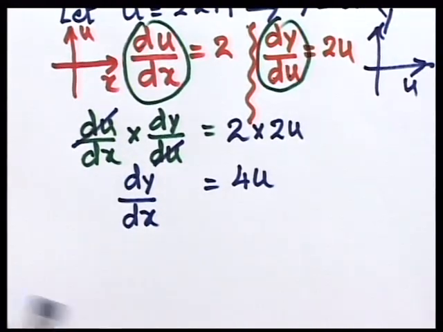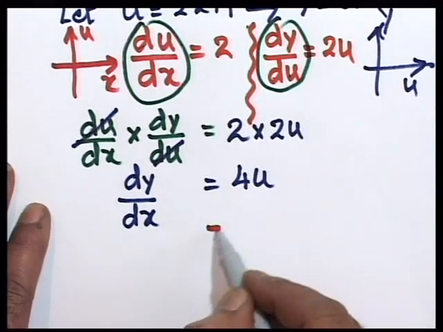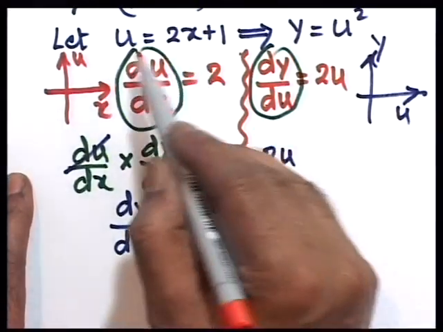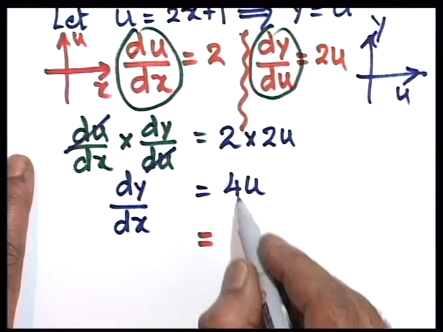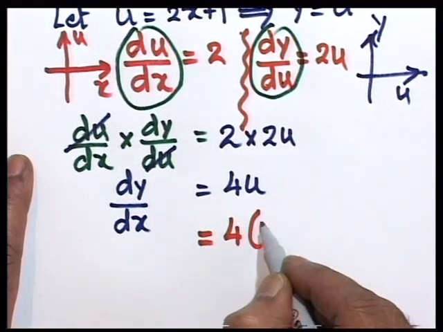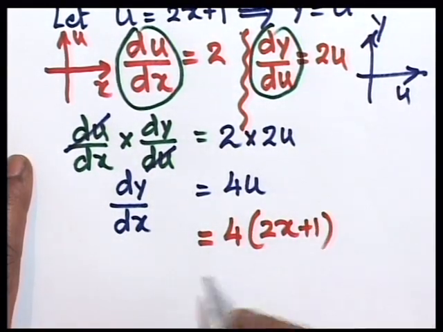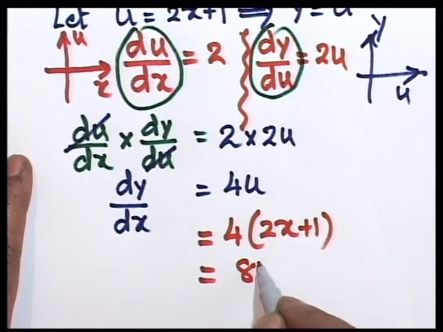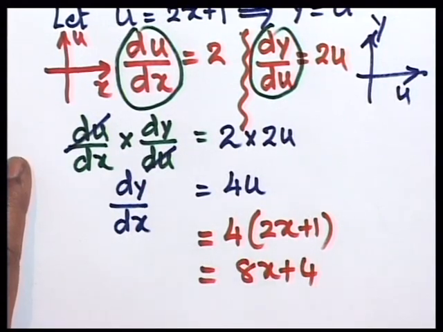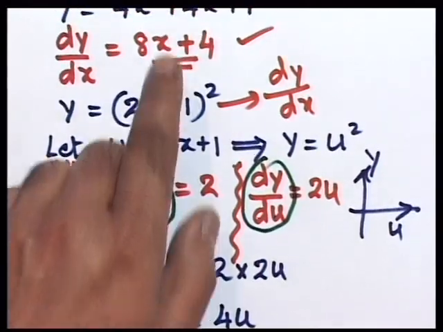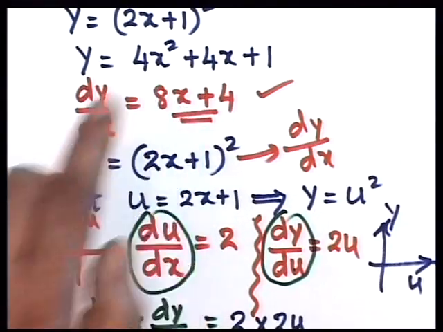Then we simply substitute u back into the answer. u was 2x + 1. So we can write 4(2x + 1), which comes to 8x + 4, which is exactly the same as the one we got using the normal method.